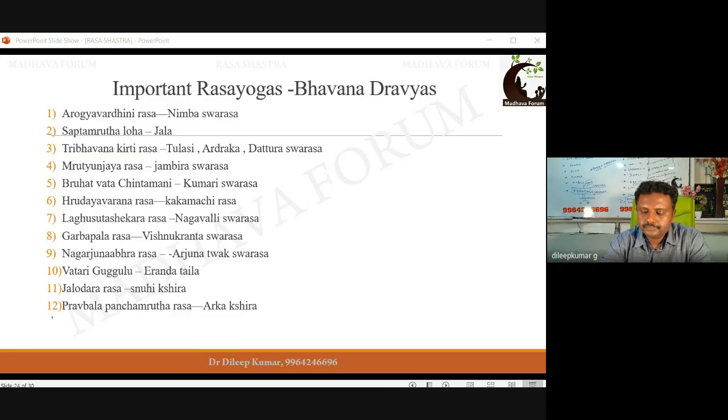Parada, gandaka. Shanka is present. Chaturjata is also present. Tankana is there. Dattura bija. Swarnavasma.